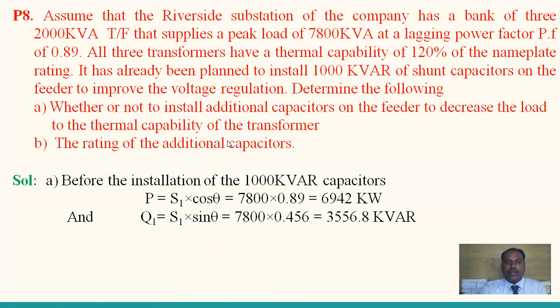Similarly, reactive power Q1 is equal to S1 into sin phi. Cos phi is 0.89, and sin phi is equal to 0.456, so 7800 into 0.456 is equal to 3556.8 kVAR.